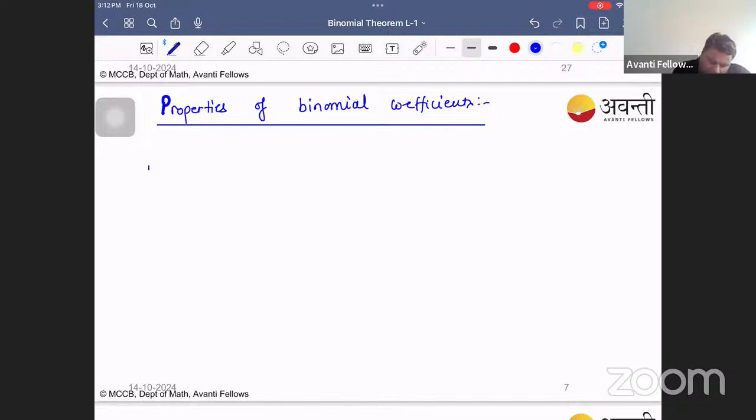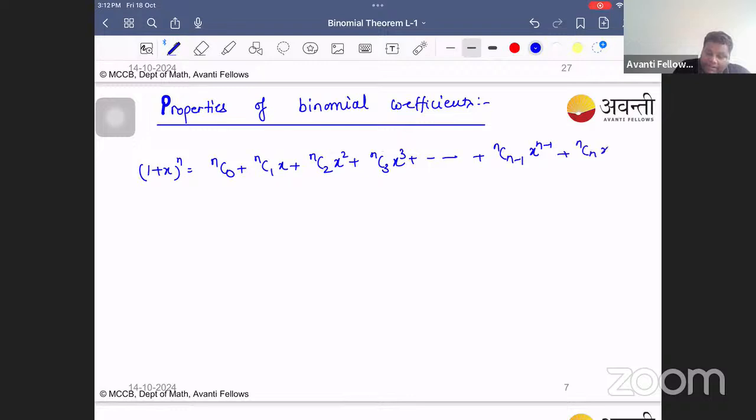Now, if we talk about the expansion of 1 plus x raised to the power n, this expansion is going to be nC0 plus nC1 x plus nC2 x square plus nC3 x cube and so on, nC(n-1) x to the power n minus 1 and nCn x to the power n. So this is the binomial expansion for 1 plus x raised to the power n.